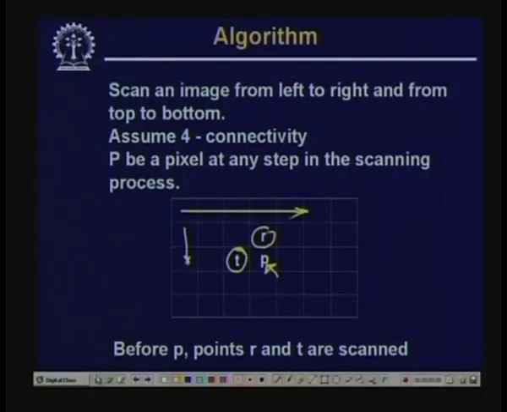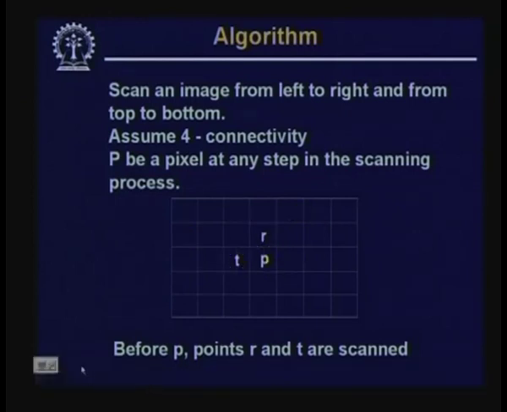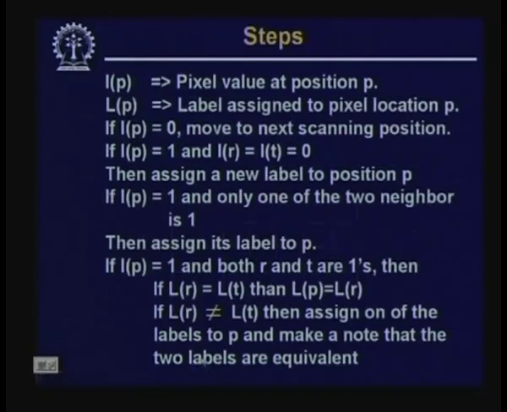So, here our labeling algorithm will be like this. IP is the intensity at location P, and LP is the label assigned to the pixel at location P. Obviously, if IP is equal to 0, that means point P belongs to the background, so I do not need to label that point.